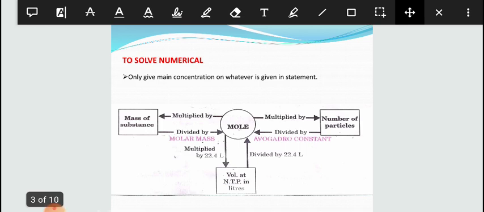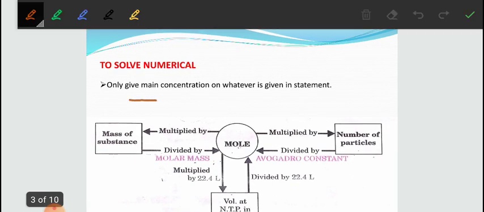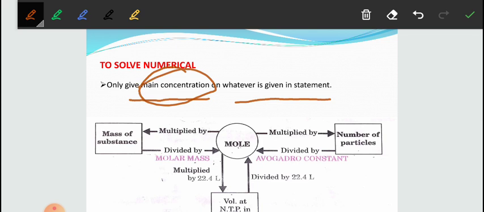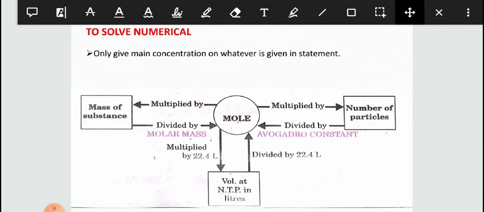To solve numericals, we need to remember that we have to give main concentration to whatever is given in the statement. After you write it in your notebook, you just need to follow the diagram that I am showing in the figure.